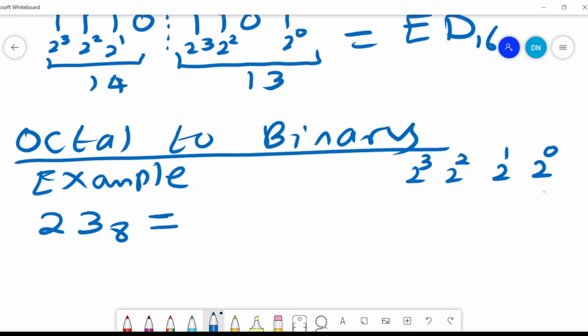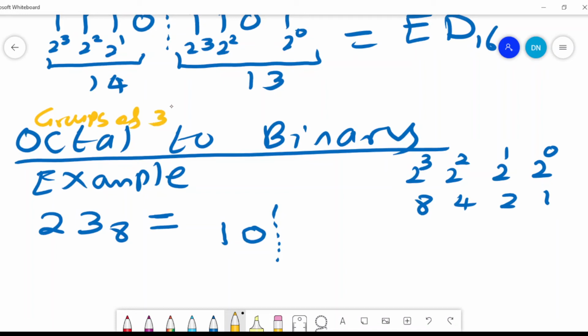So this is 1, 2, 4, 8. I look for a combination of numbers that gives me 2. On this side, the combination is 1 and 0. Remember, for octal, we have to have them in groups of 3.